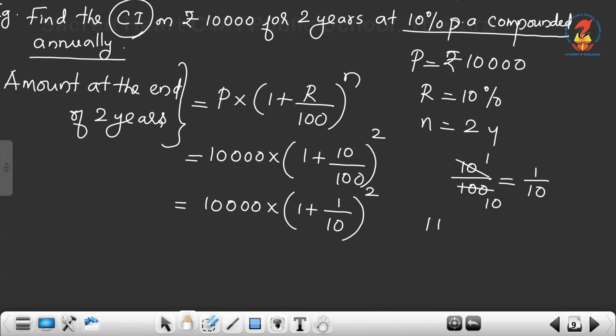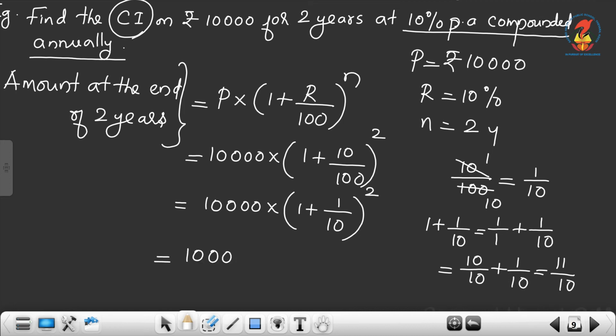Now we have to find out 1 plus 1 by 10. 1 we can write as 1 by 1, plus 1 by 10. Then 10 is the LCM, so we can write 10 by 10 plus 1 by 10. The denominator is the same, so add the numerators: 11 by 10.